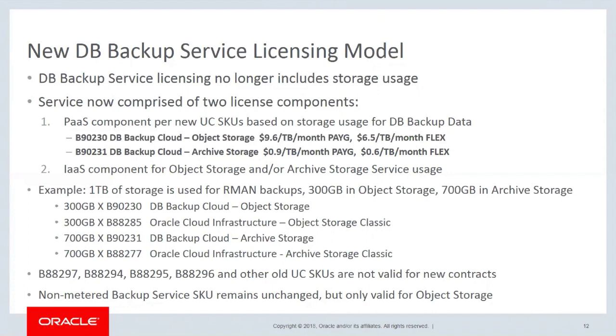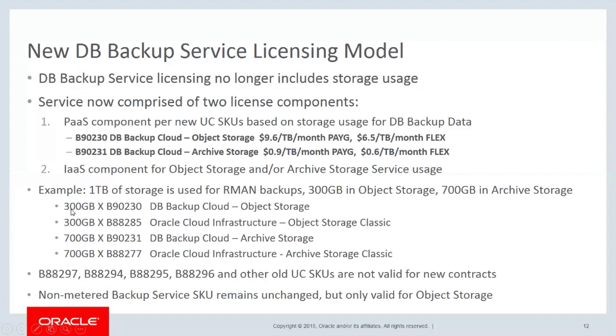For example, if a customer has 1 terabyte of storage used for RMAN backups, consuming 300 gigabytes of object storage and 700 gigabytes in archive storage, at the end of the month this is the bill, or part of the bill, that they will see.